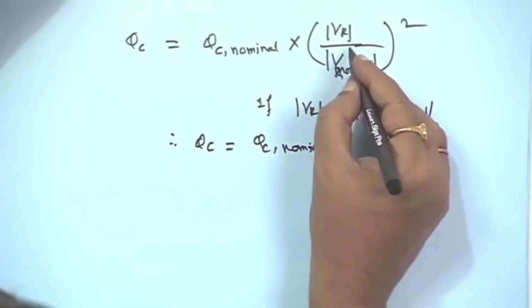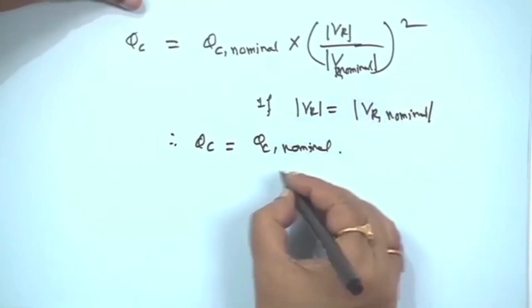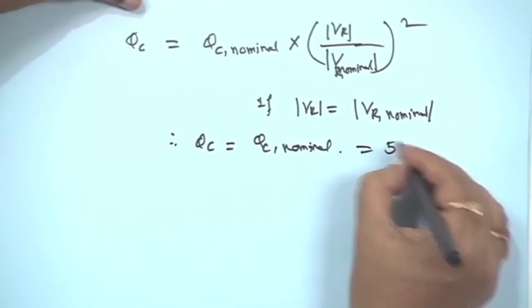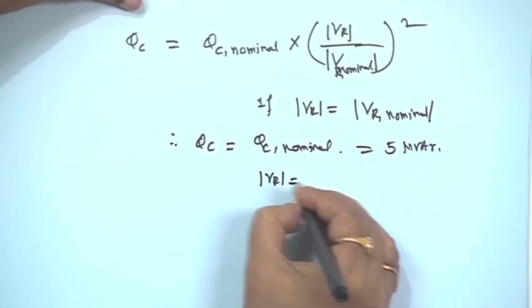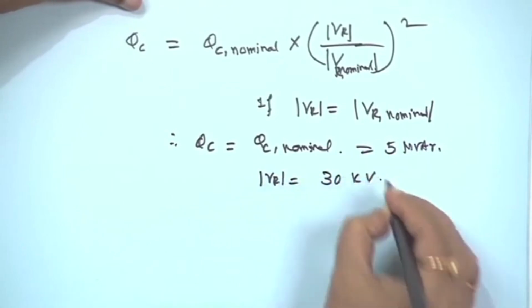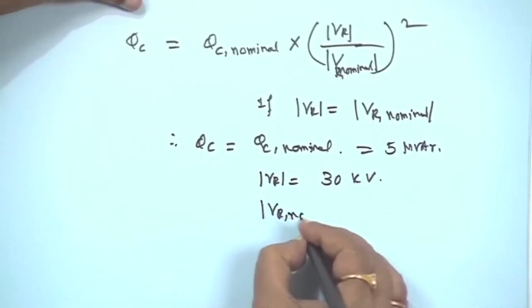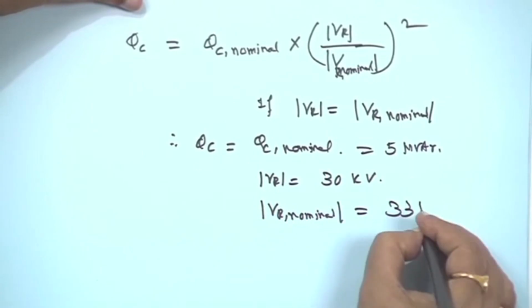But if VR is less than this, for example, suppose QC is equal to QC nominal, say 5 megavar, say magnitude of VR is equal to 33 kV, and magnitude of VR nominal is equal to 33 kV.